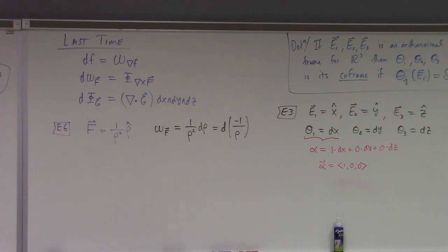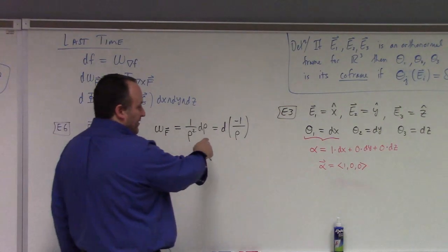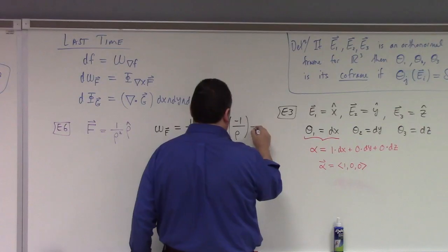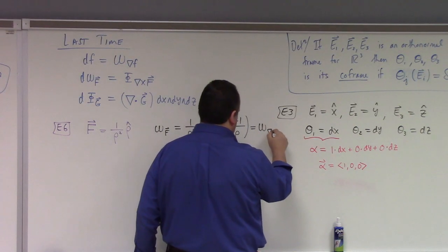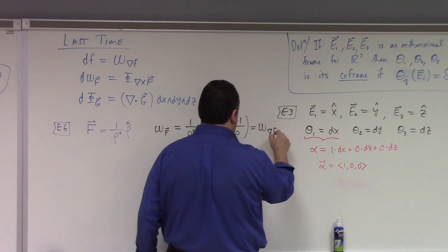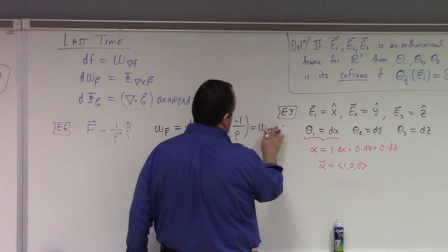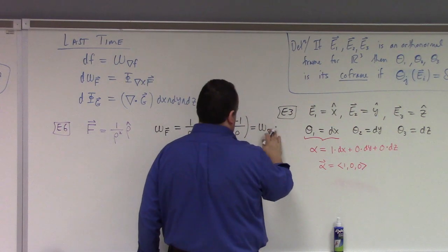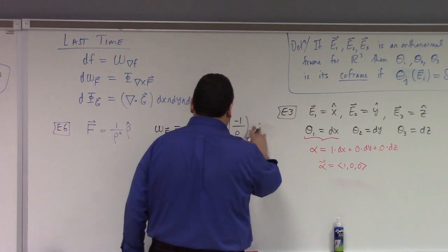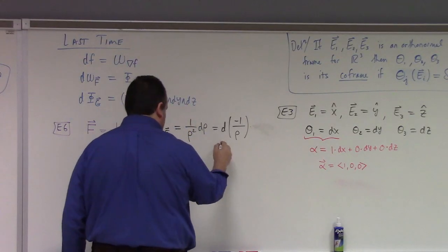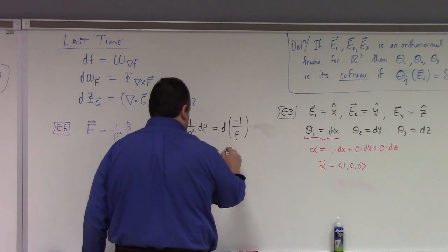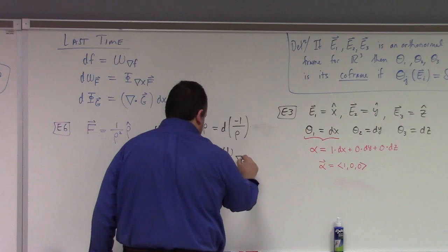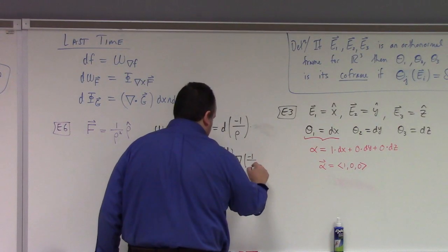But then the chain rule says we have to multiply by the differential of the function we're differentiating, and that gets me back to here. But on the flip side, this is omega of the gradient of some function. My point is, this is omega of the gradient of minus 1 over rho.